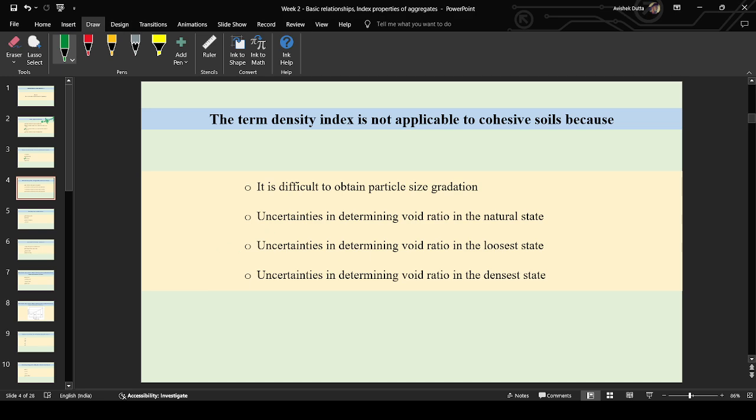Before that, I'll just give the definition. What is the term density index? How can you define density index? (e max minus e) upon (e max minus e min), right? Now e max is the maximum void ratio, which means it is in the loosest state.